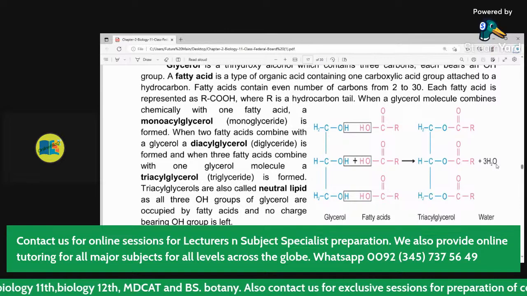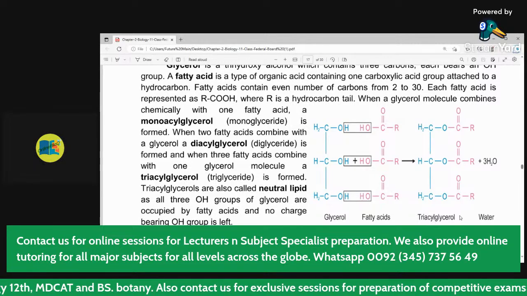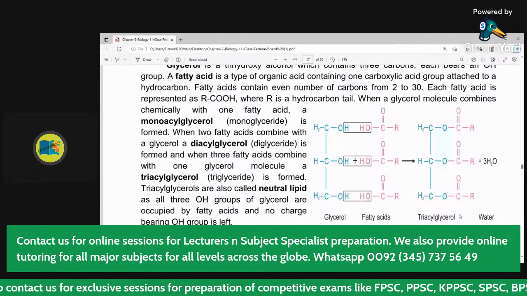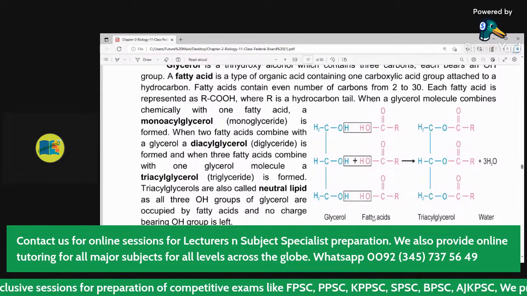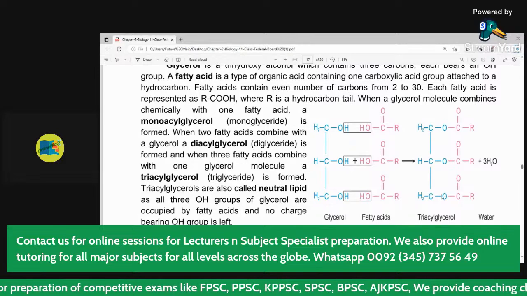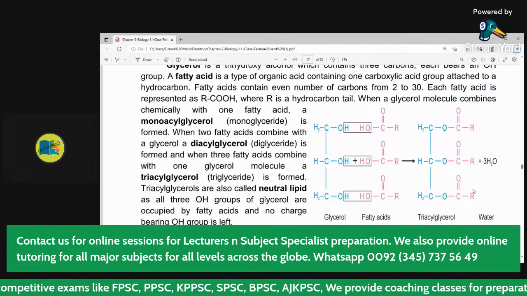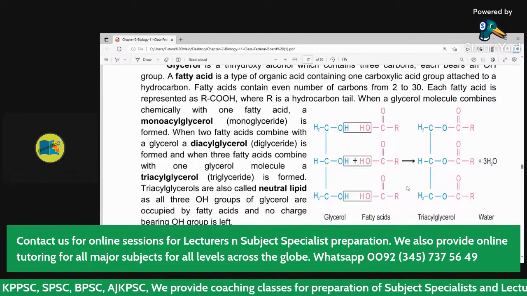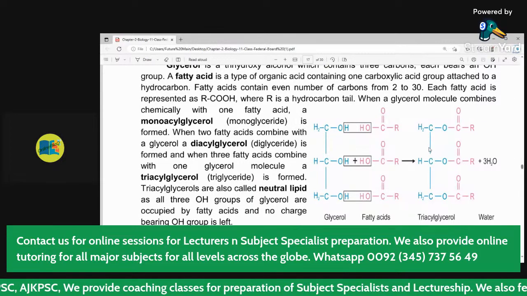Water is released, and triacyl glycerol is formed. So acyl glycerols are the esters of glycerol and fatty acids. This reaction is called esterification. The bond between glycerol and fatty acids is called an ester bond.